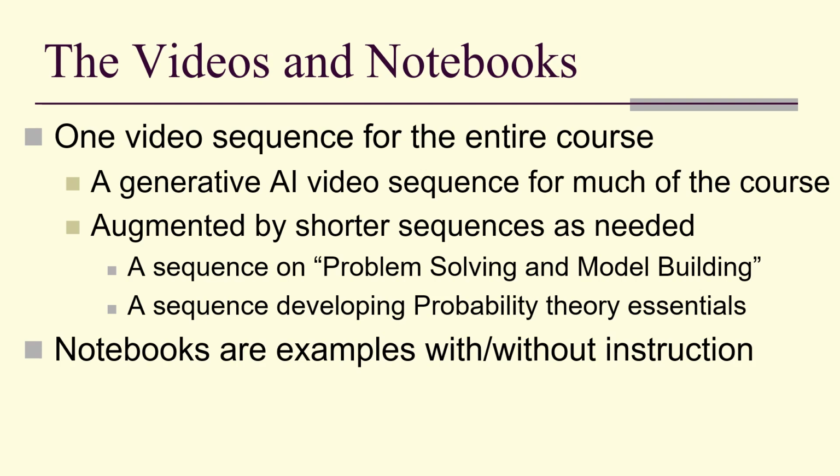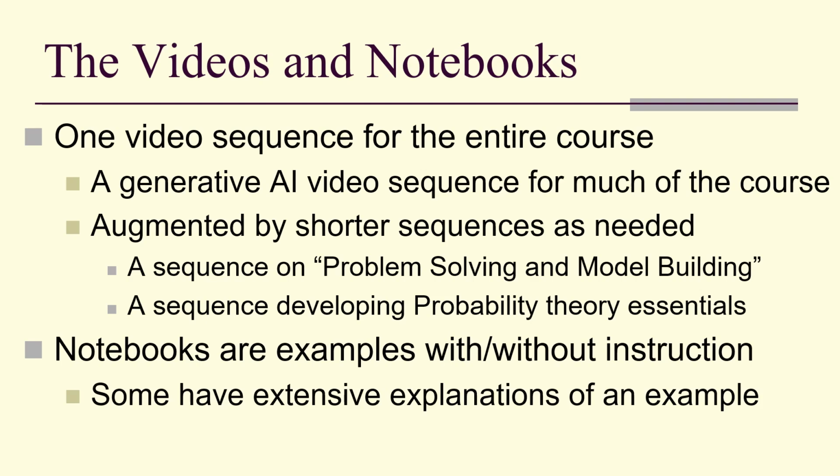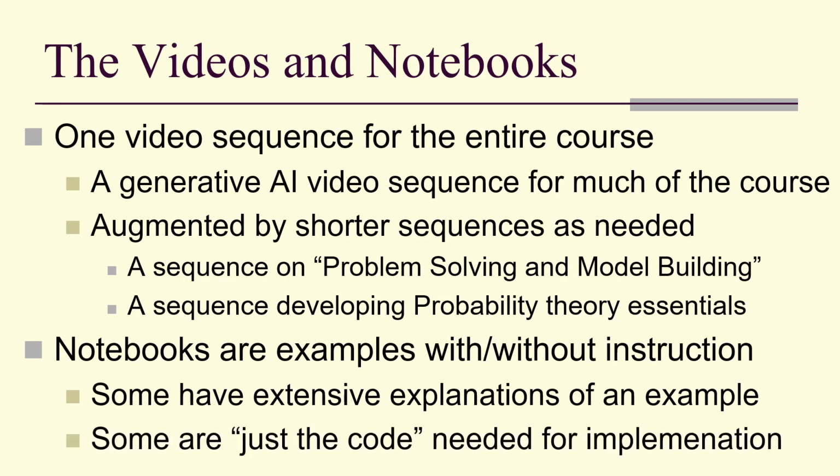The notebooks are primarily examples, some with and some without instruction. Some of these notebooks have extensive explanations of an application or an example. But some of the notebooks are just the code that you need for the actual implementation.